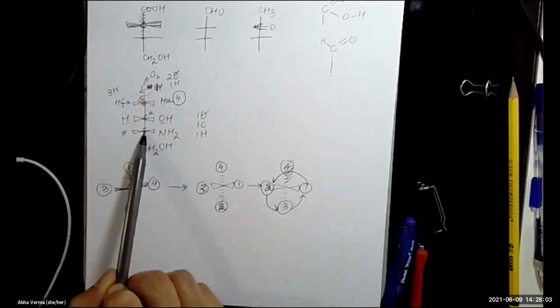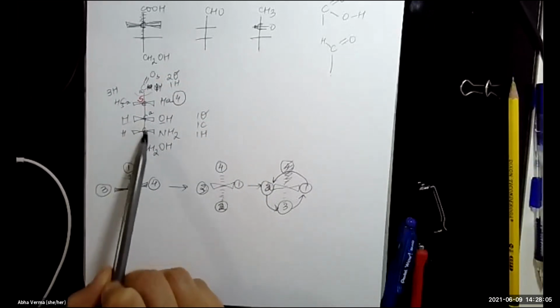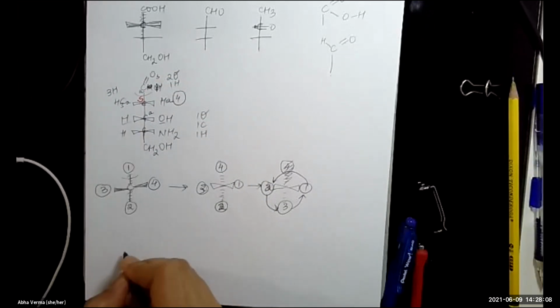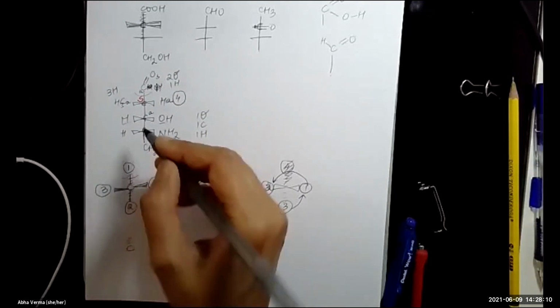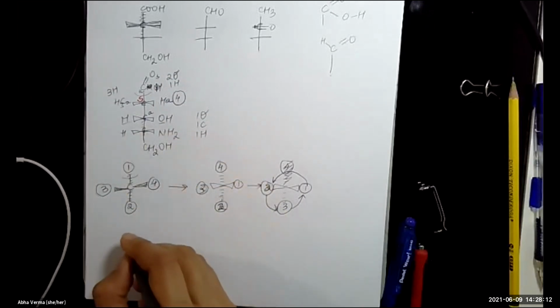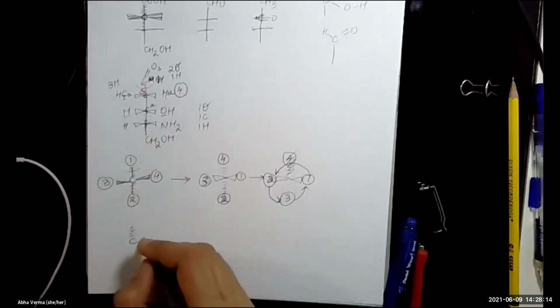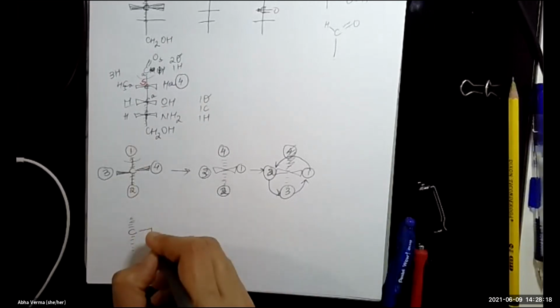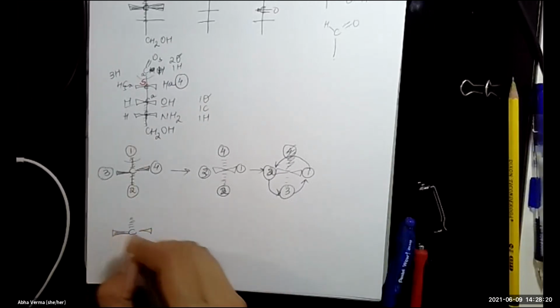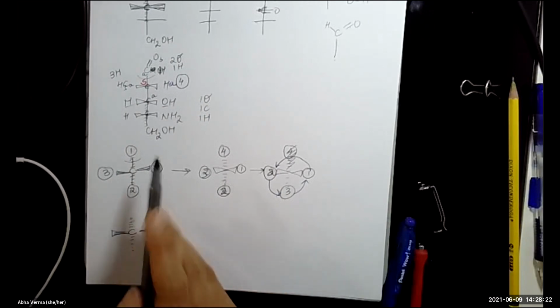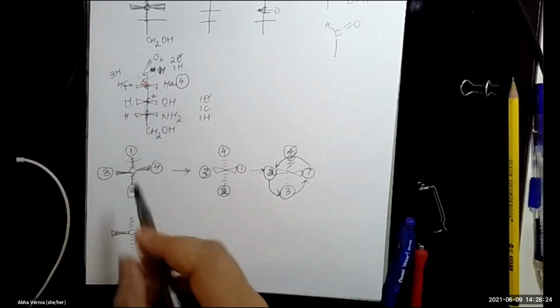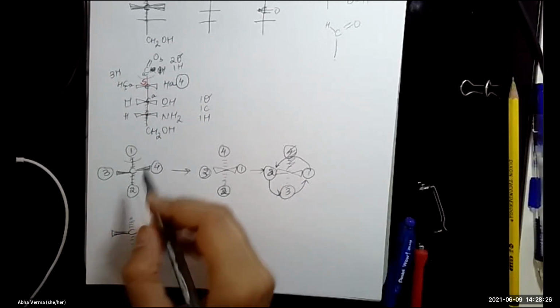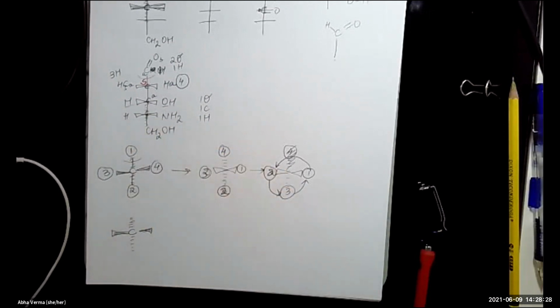Let me do this third one also for you. So this third one, what do I have here? This group going up, this group coming down, sideways bonds, and I'm going to assign my priorities here.